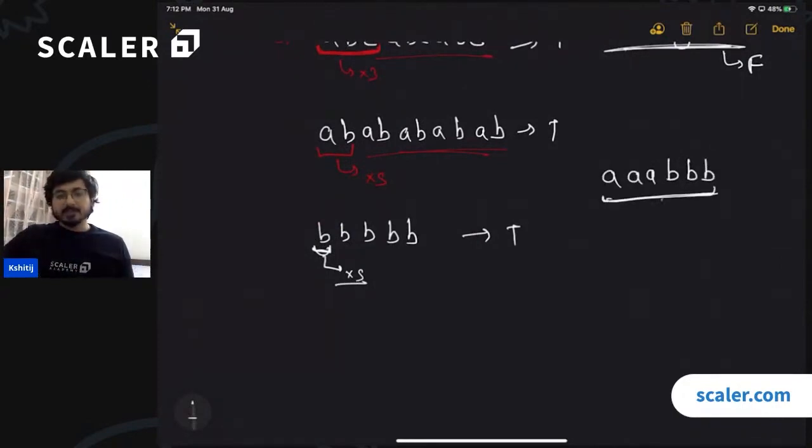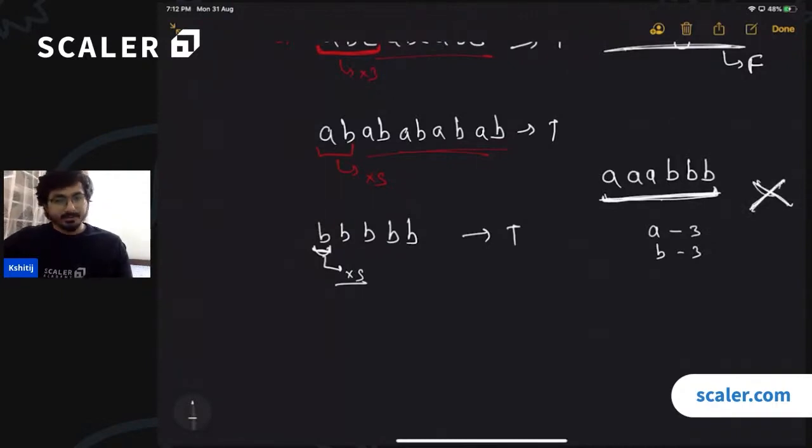Do you return true here or false here? What is the substring by repeating which you get this string? So the frequency of all the characters is the same. A is appearing 3 times, B is appearing 3 times. Is there any substring by repeating which I can get this original string? No, right? So this is not going to work.